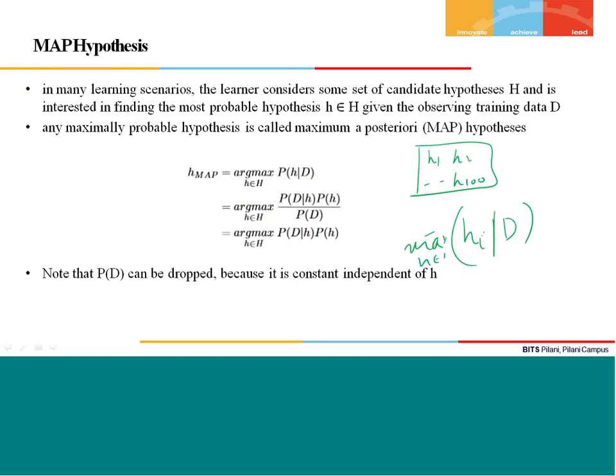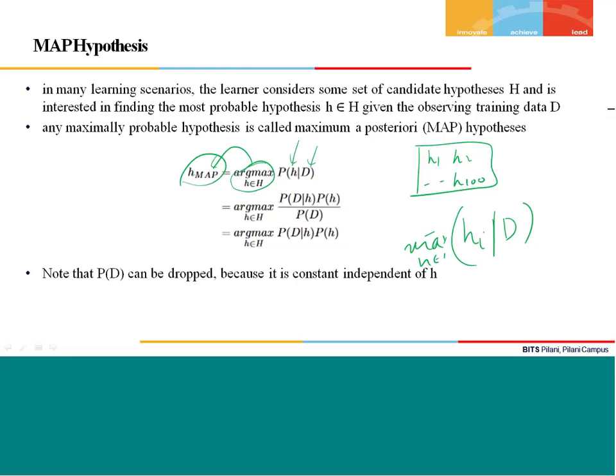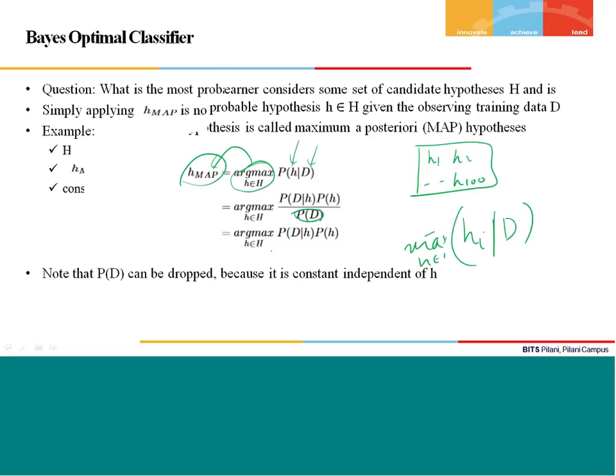So this is written here: given a data, which hypothesis has the maximum probability. You take the argmax, which returns that hypothesis and assigns it to HMAP. So out of 100 hypotheses, the hypothesis which has the maximum probability given the data, you take as the MAP hypothesis. And you ignore this P(D) here because it is a constant.